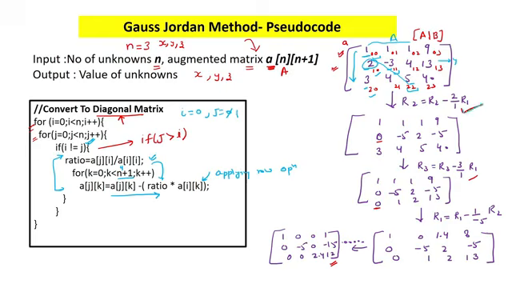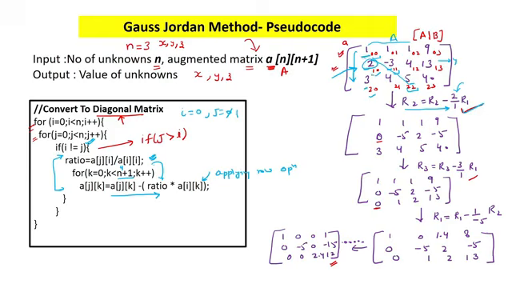Here you can see we have found the ratio as 2 by 1, or you can say 2. And then we applied this row transformation on which row? Row number 2, that means this row. So here I should get the ratio as 2, that means we should get 2 upon 1. And how can I get 2 upon 1?